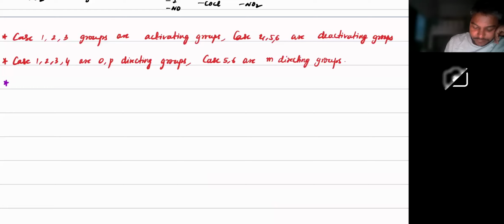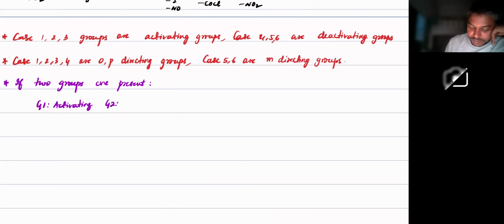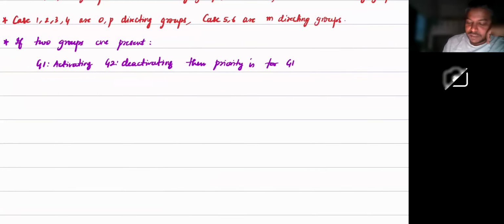If two groups are present, and group 1 is activating and group 2 is deactivating, then priority is for group 1, the activating one, for EAS reactions. So you need to follow as per group 1.